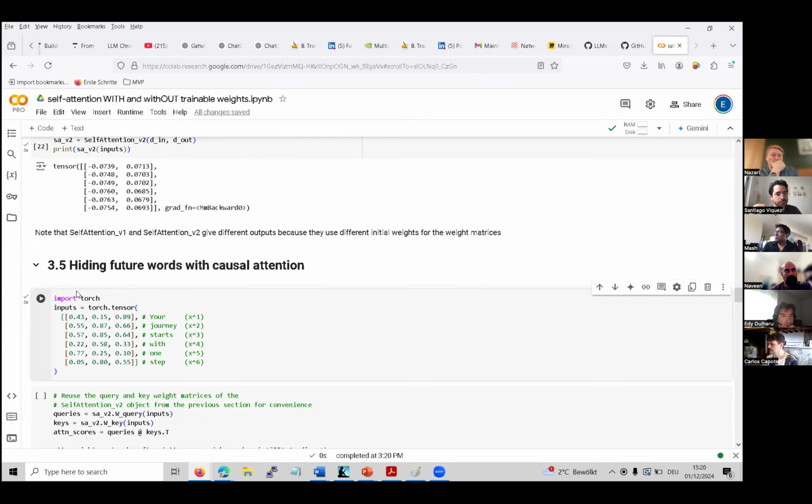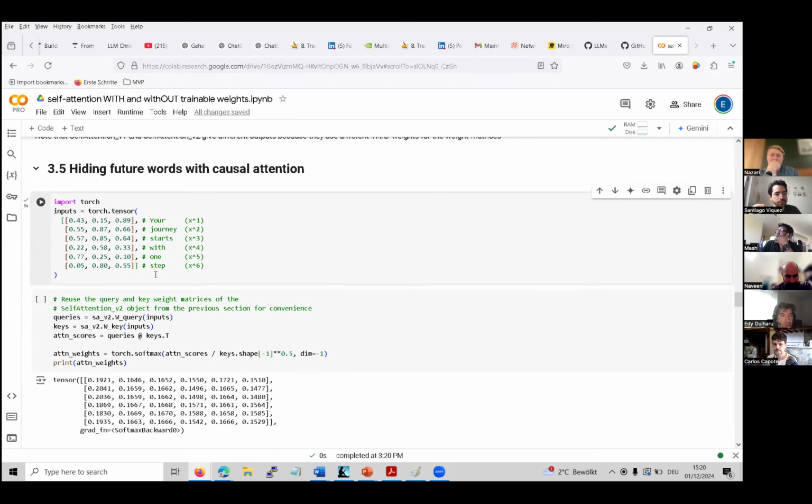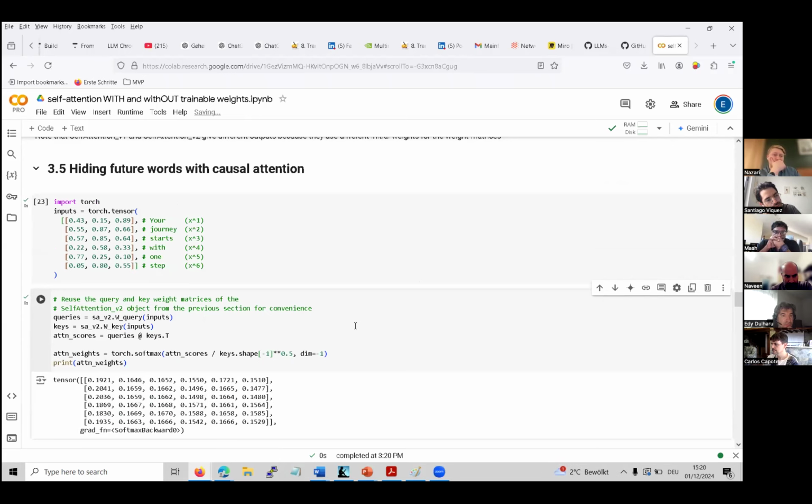Okay, so now I'm at the causal attention section of the book. Again, I put the inputs, which are the embedding representation of the inputs actually. I'm using the query and key weight matrices, which were computed by the self-attention version 2 class.